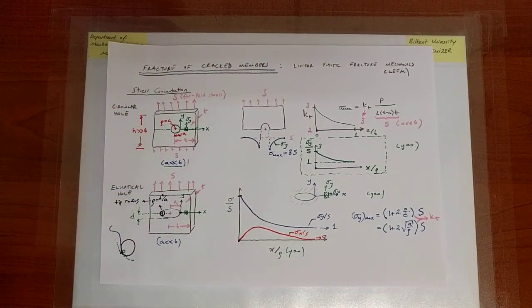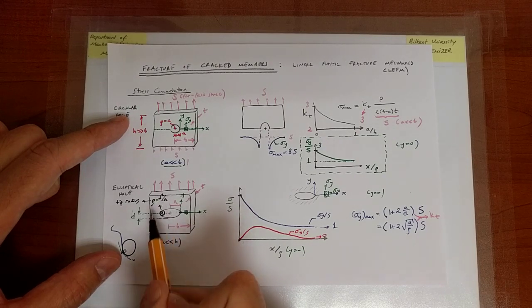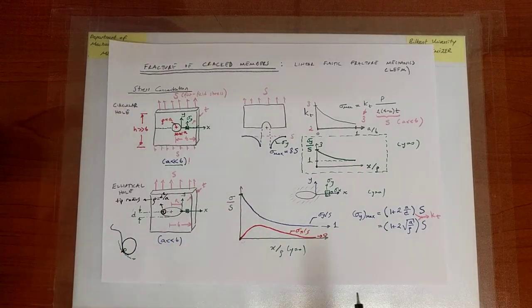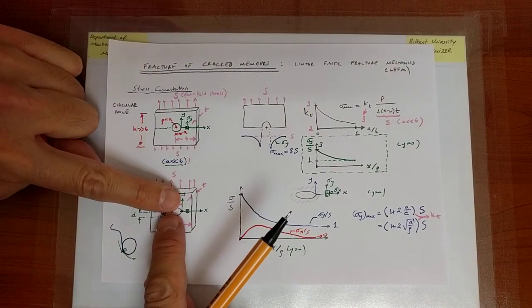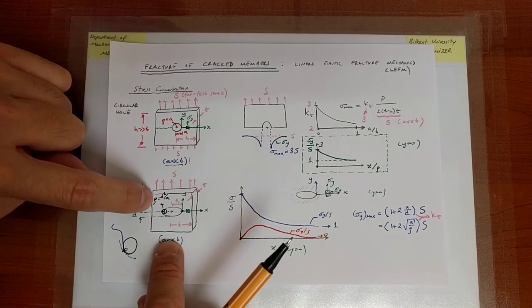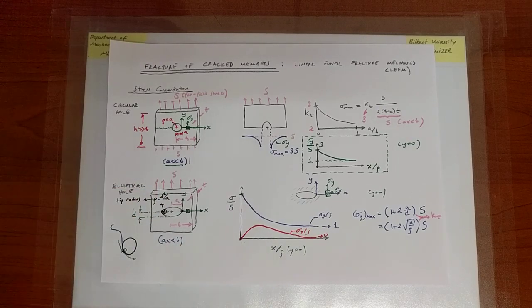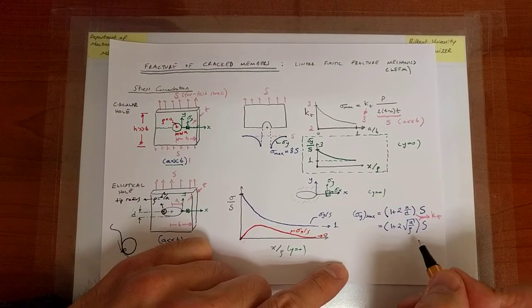So a does not change, but I'm going to keep the vertical width of the elliptical hole, d, a variable, and with it the tip radius. If I make the width smaller, d will decrease and therefore rho will decrease. a is constant and is much less than b. What happens in that case to the stress concentration factor?